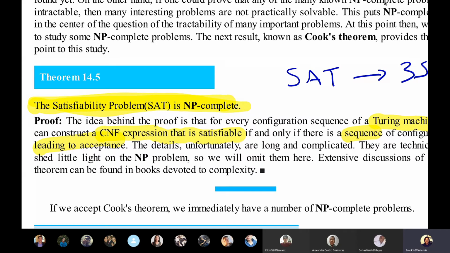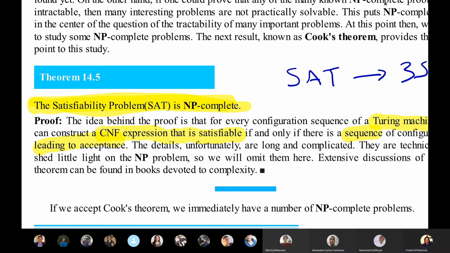The proof of this consists of transforming Turing machines into formulas in conjunctive normal form in such a way that the formula can be satisfied if and only if that machine goes to an acceptance state.